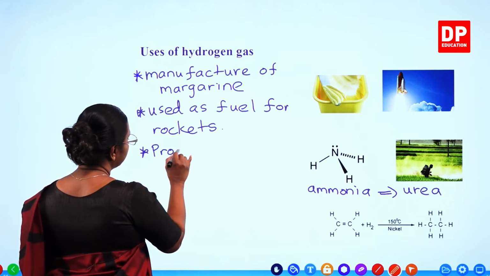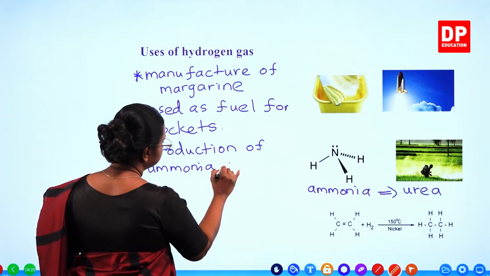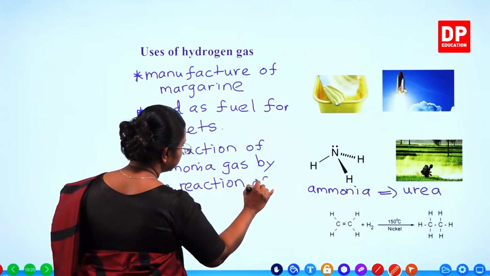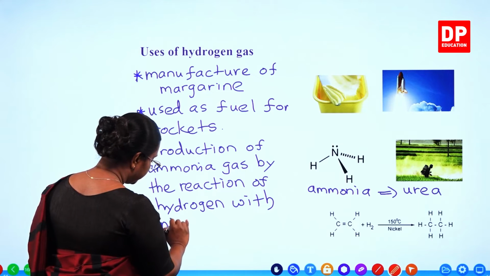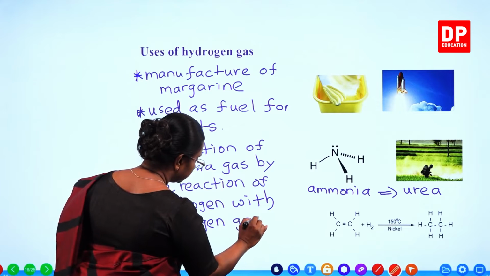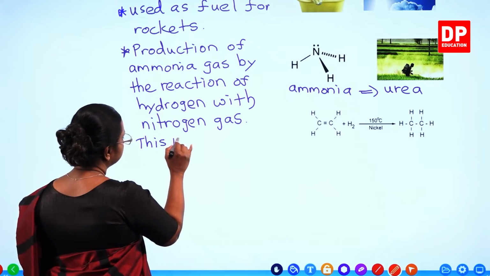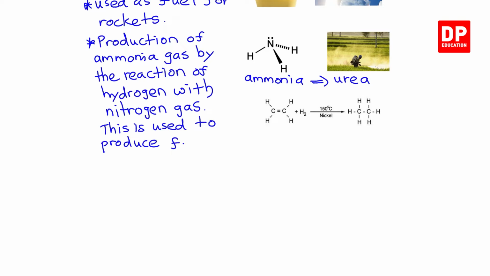So production of ammonia gas by the reaction of hydrogen with nitrogen gas, and also this is used to produce fertilizers like urea. So that is another use of hydrogen gas.